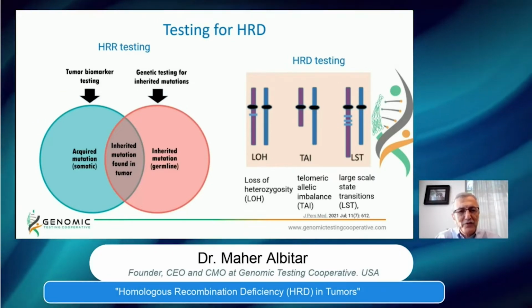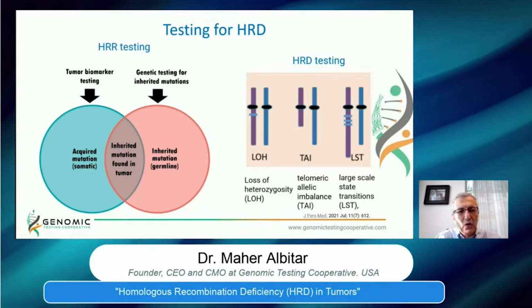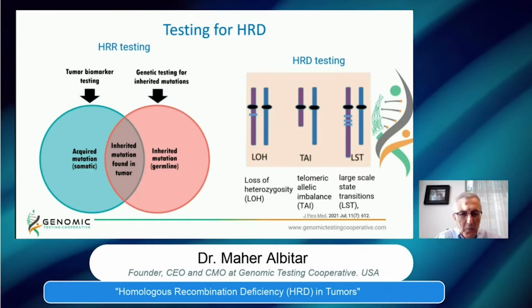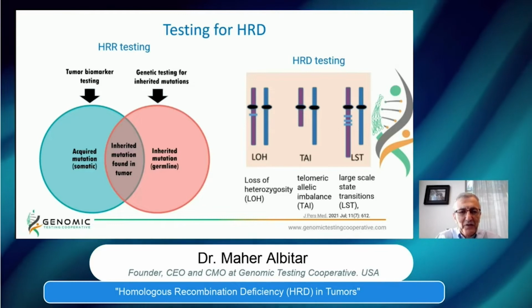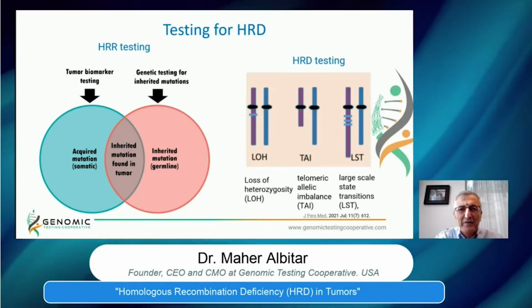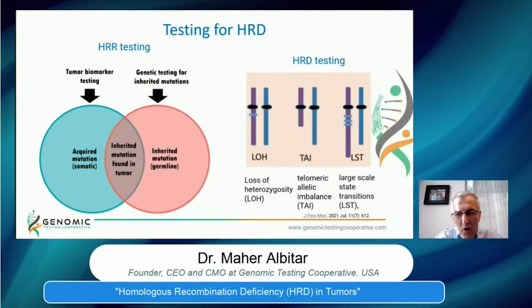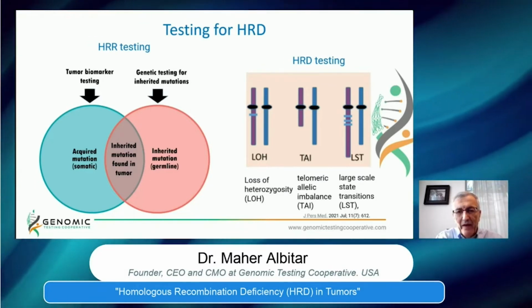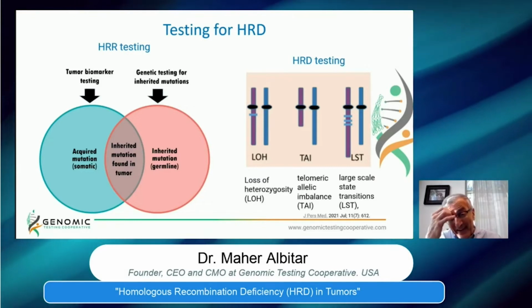But if you don't see any abnormalities or any mutation in the tumor, practically there is no point of looking for mutations by testing the HRR alone, if you are not looking for methylation.